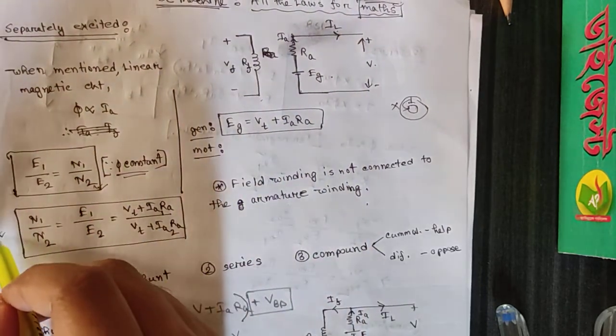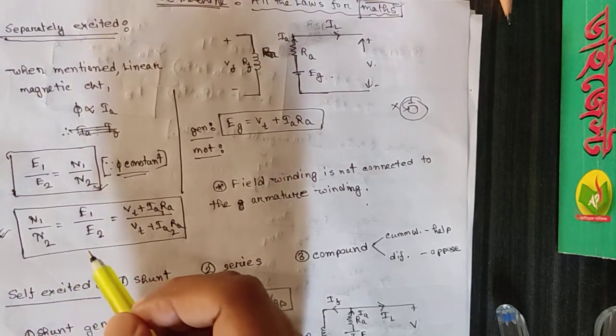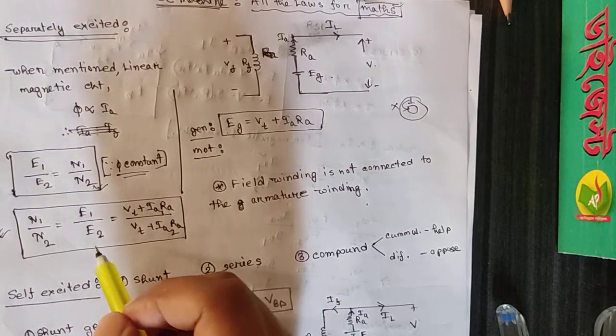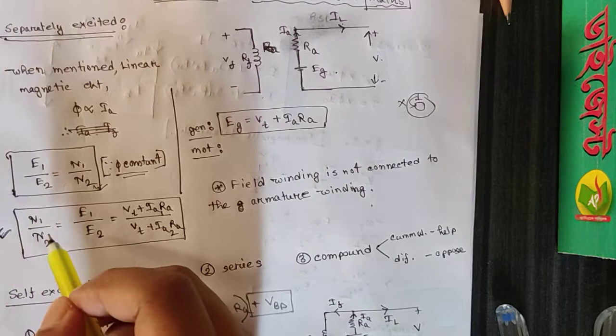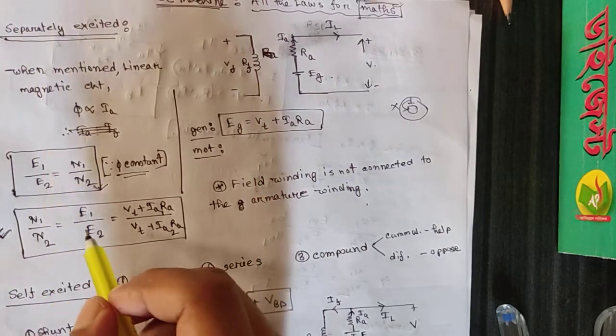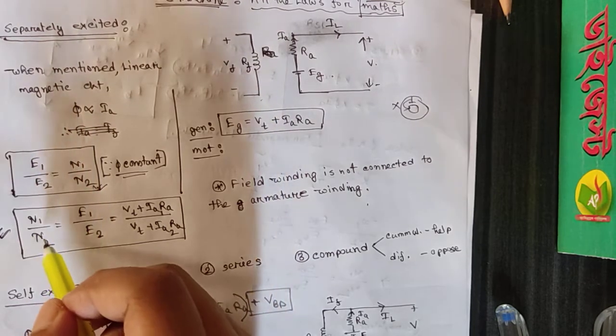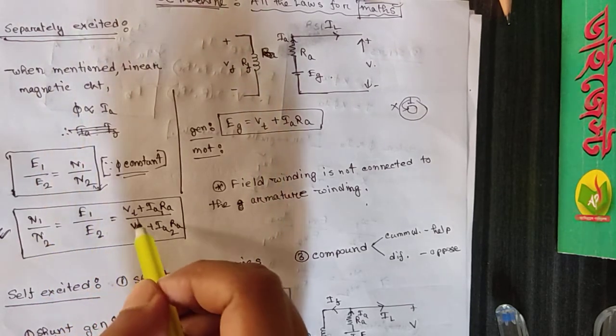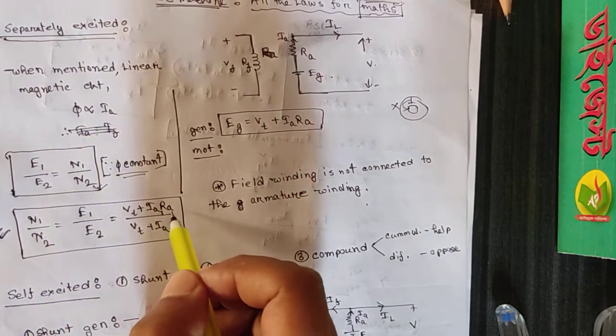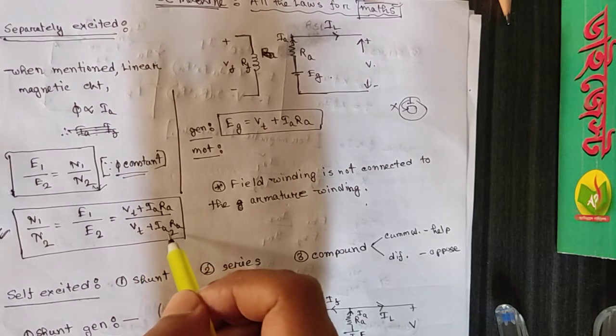So we can write this equation. Another equation from where we can find the rotation of the armature: N1 by N2 equals E1 divided by E2 equals (Vt minus Ia1 Ra) divided by (Vt minus Ia2 Ra).